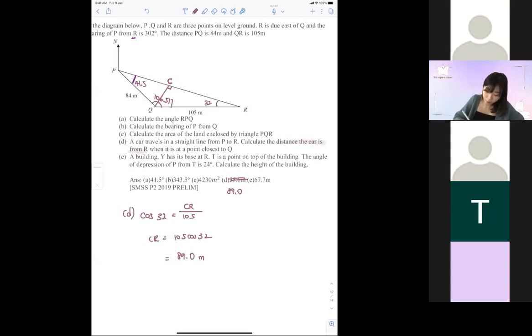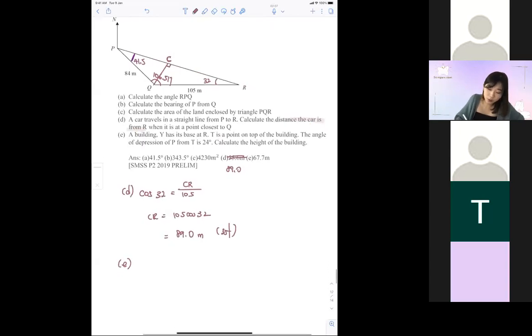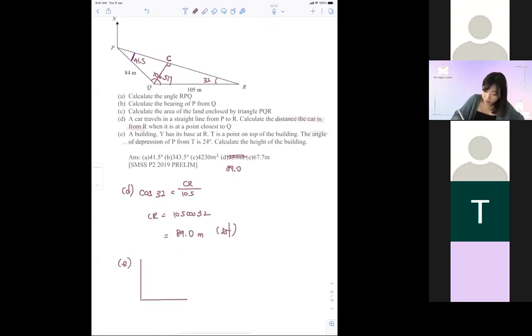Okay. So next part, this is 3SF. Now that I found CR, we look at a building. Okay, first thing you see angle of depression, you know we must draw our own right angle triangle. Okay, so a building has a base at R. So this is R, T is above R. T is the point at the top of the building.